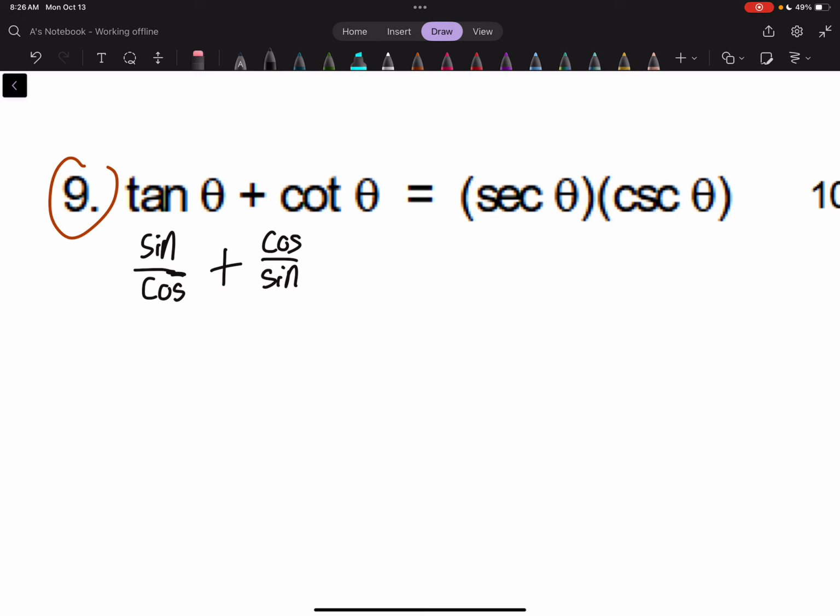I'm going to multiply the left by sine, the right by cosine, so I can combine the denominators. So this is sine squared over sine cosine plus cosine squared over cosine sine.